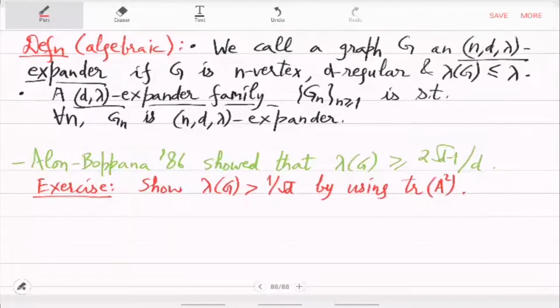So that's a hint. You can actually show in a much easier way that lambda is at least 1 over square root d, but the Alon-Boppana bound is better and it's optimal. Okay, it is saying that actually it is more than 2 over square root d, almost.